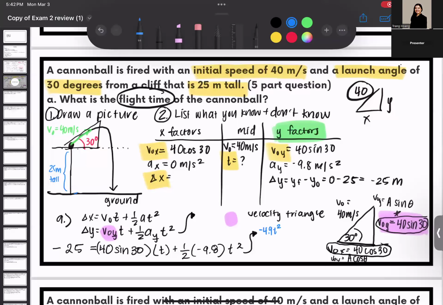The values you would be plugging in are negative 4.9, 40 sine 30, and 25. Ultimately that should give you an answer. I think the only positive answer would be 5.08 seconds. And that's how you get there.